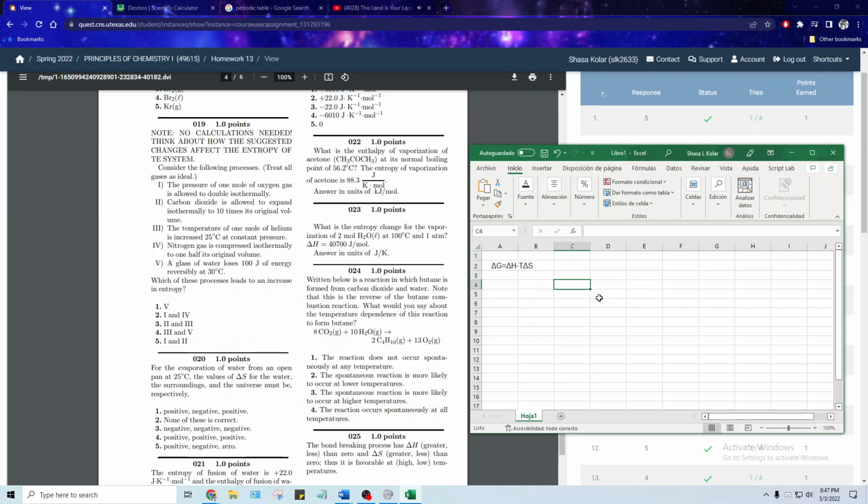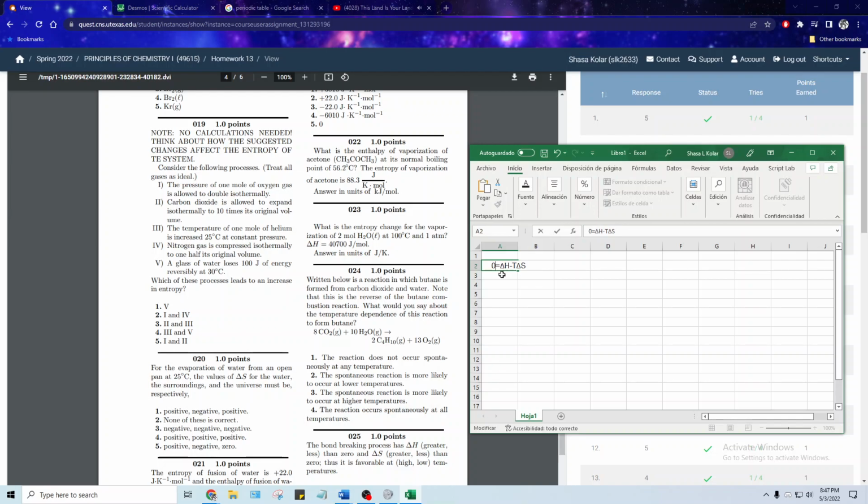We have our entropy, we have our temperature, what we don't have is our delta H, but we know what our delta G is. Our delta G is going to be 0 because we're at our boiling point.